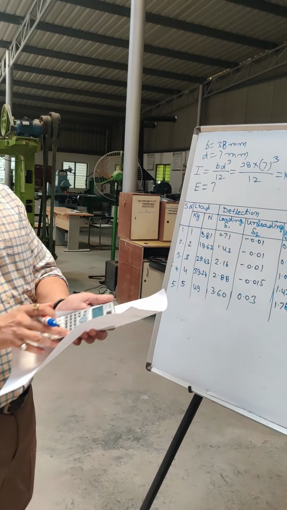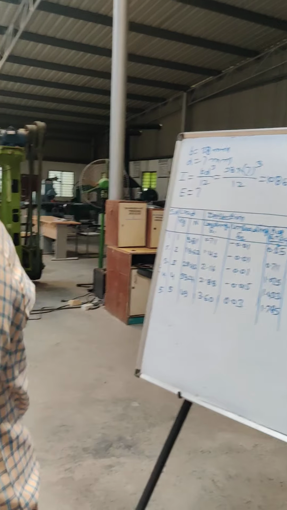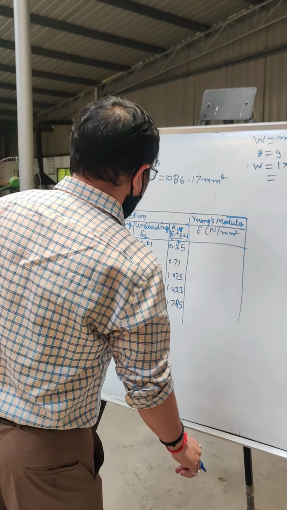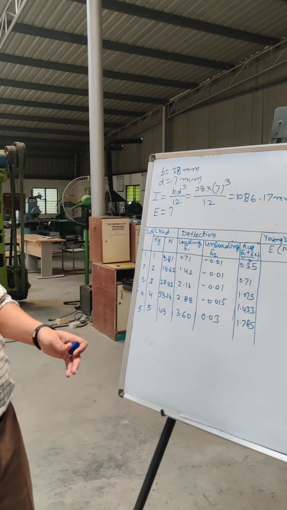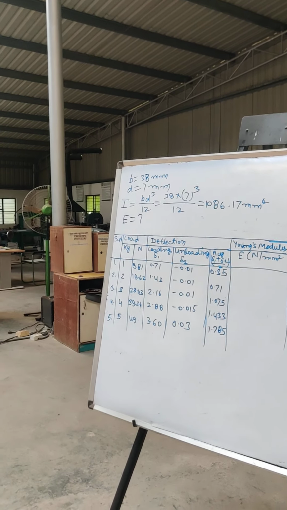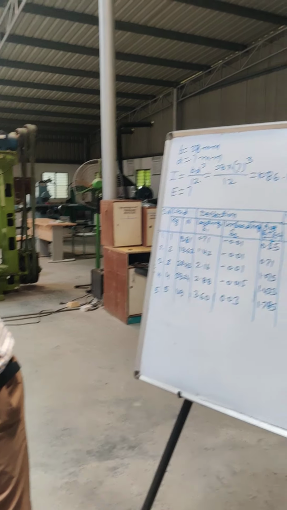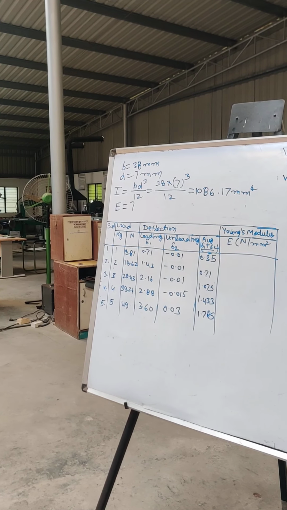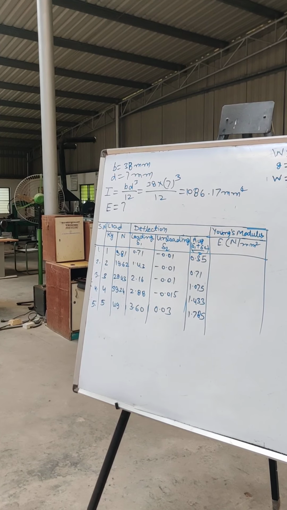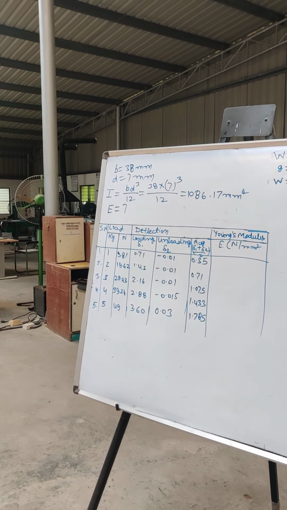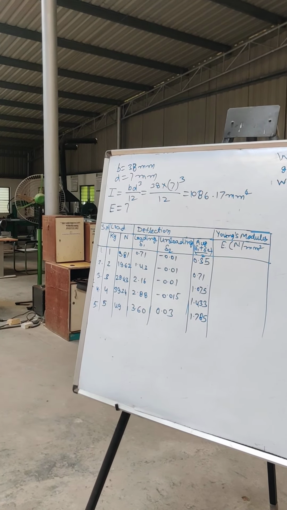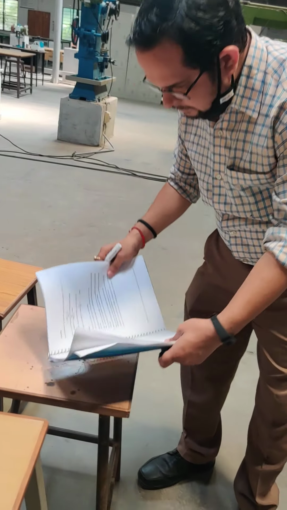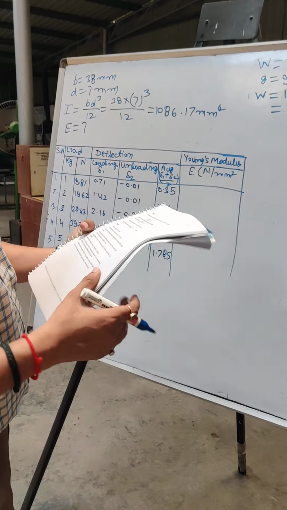This is the average value of deflection, and we have to calculate Young's modulus. So how to calculate the Young's modulus? We have one equation.